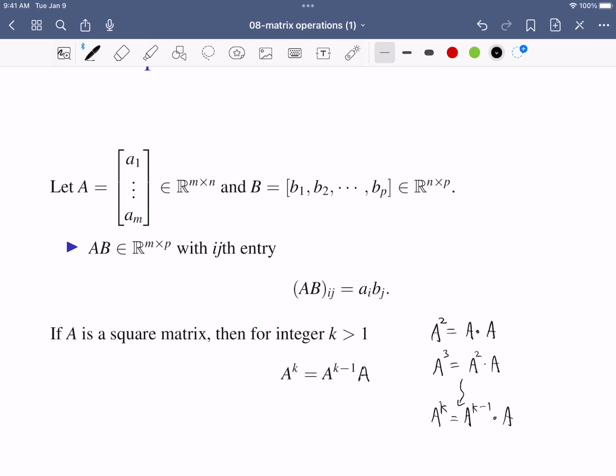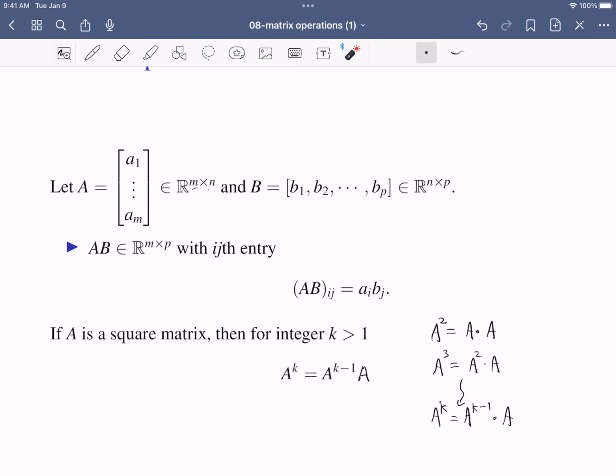How do you do that? First, look at the shape of A, m by n. So you write the two numbers, row number and column number, and here, row number and column number. You have to have the same.